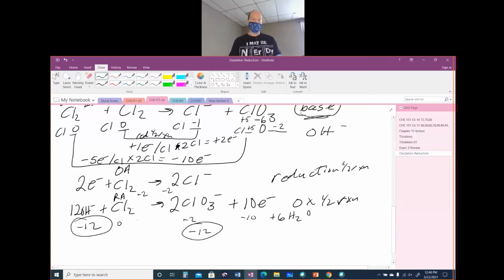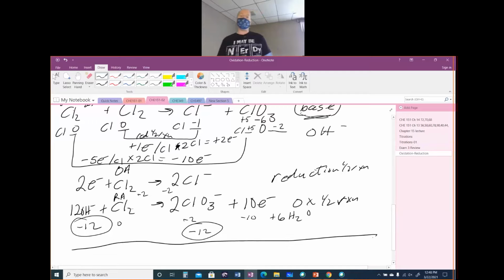So now that we have balanced both the oxidation and reduction, now we're going to add up our two half reactions, making sure that our electrons gained equal our electrons lost. Right now we have gained 2 and lost 10. So we have to multiply this through by 5 in order to gain 10 electrons and lose 10 electrons.